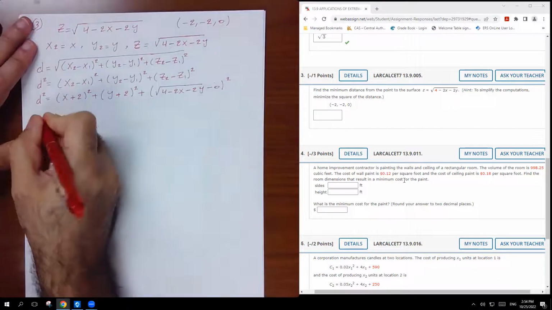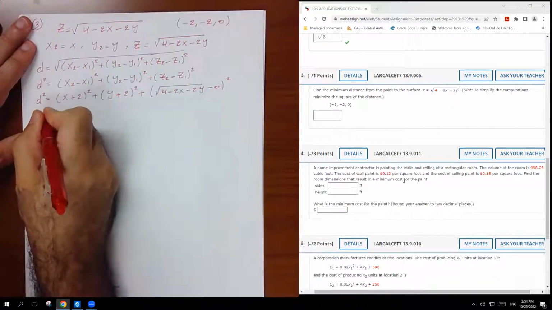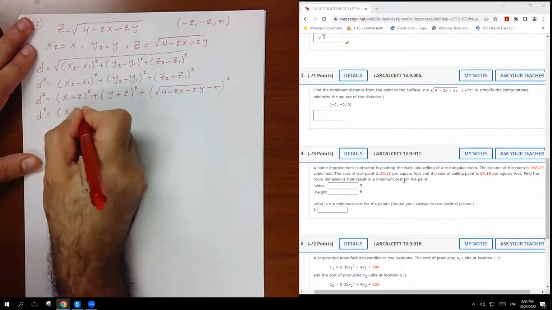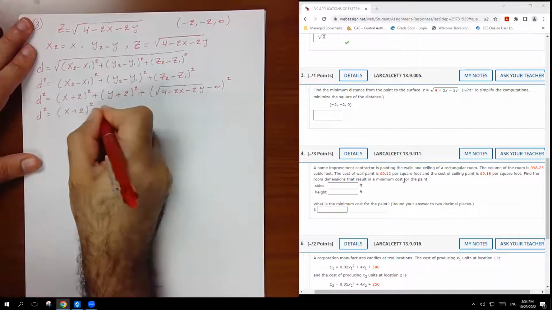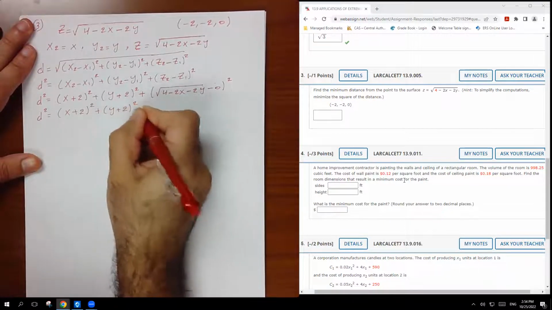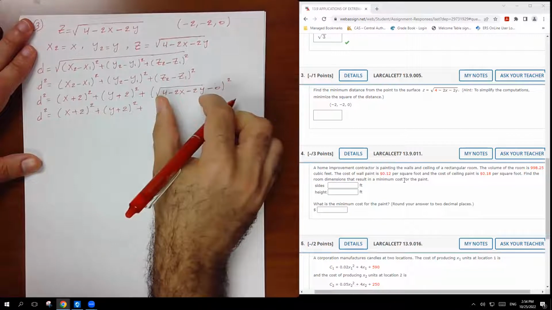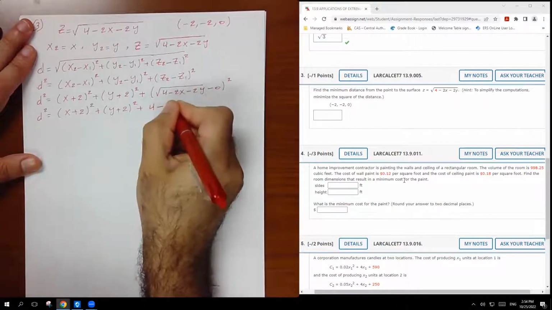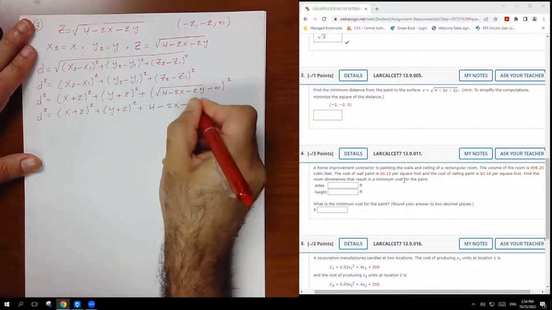So now our function d squared is going to be equal to x plus 2 squared plus y plus 2 squared plus 4 minus 2x minus 2y.